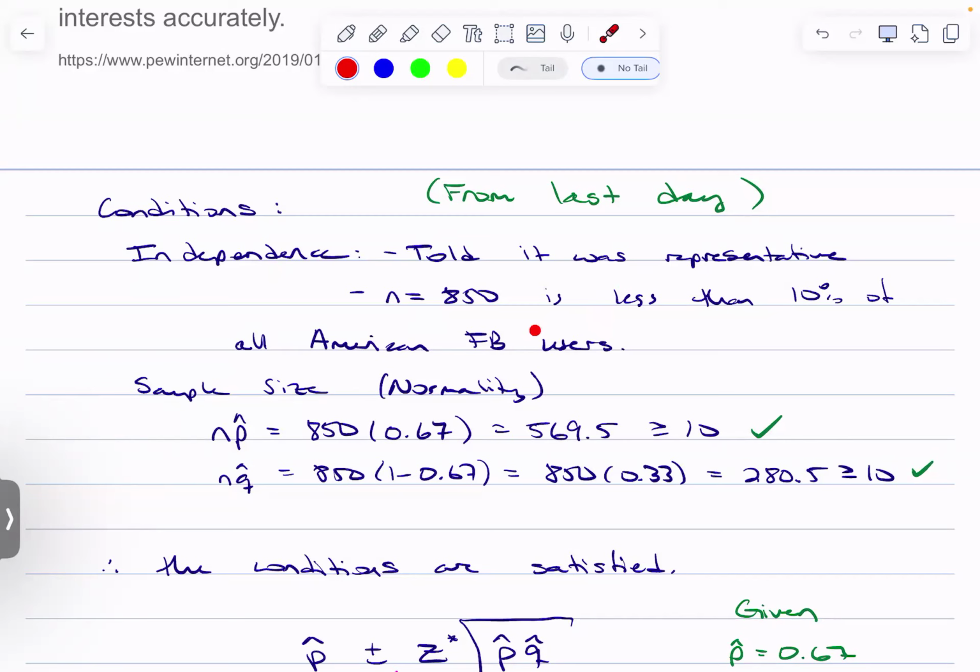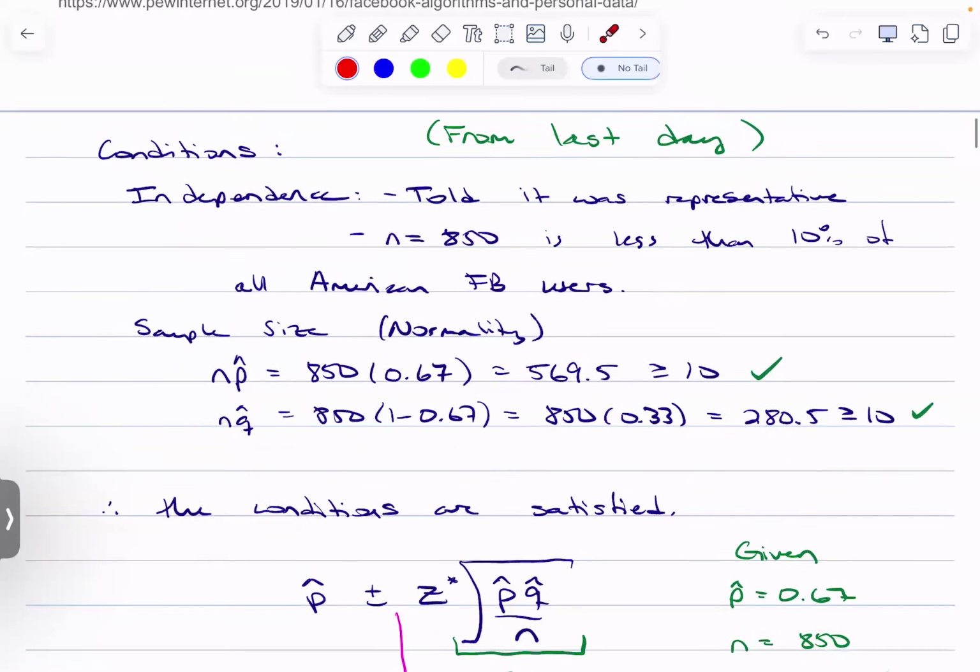And we also checked this optional condition that n of 850 is less than 10% of all American Facebook users. For the independence condition, we have to assume that all our observations are independent of each other. One way to ensure that is to make sure that you haven't sampled too much of the population. But that's kind of counterintuitive in my opinion, so usually I skip that one.